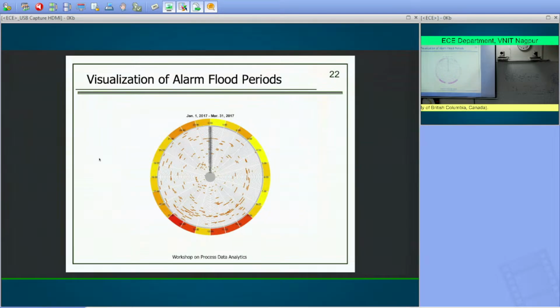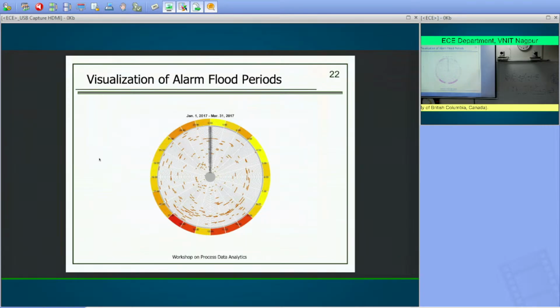And every circle inside represents one day. And these red or purple colored bars, they represent the duration of alarms. Okay, so for instance, on this day at 8 o'clock in the morning, there were some alarms.